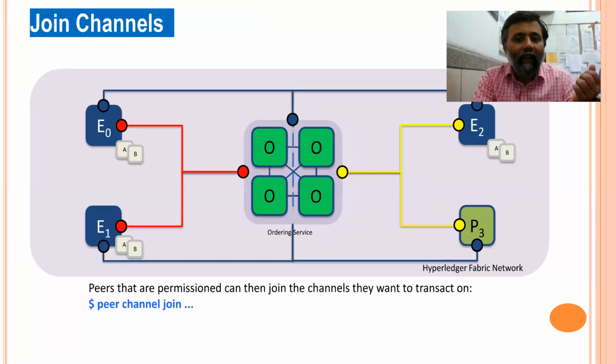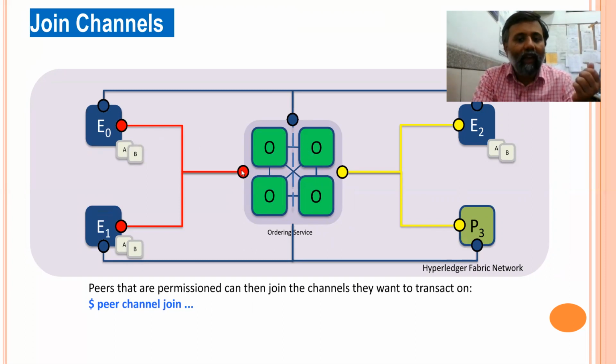Then the next step will be that these endorser and committer nodes will participate in the channels. Suppose in this blue channel, we have the endorser node E0 and we have the endorser nodes E2 and E1 and this committer node P3. So this is the one channel we have.